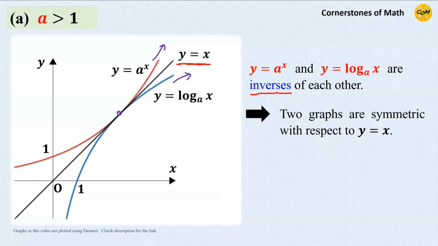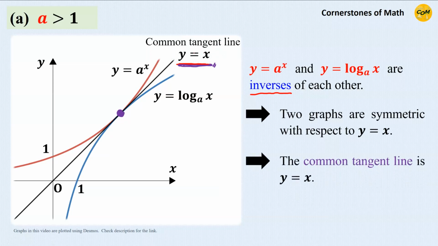This means that whenever two curves touch, the point of contact always lies on the line y equals x. Due to this symmetry, this y equals x must be the common tangent line between two curves. And this will in fact make the problem significantly easier.